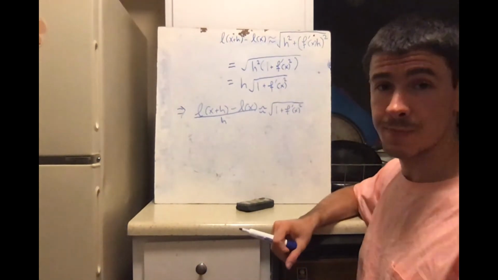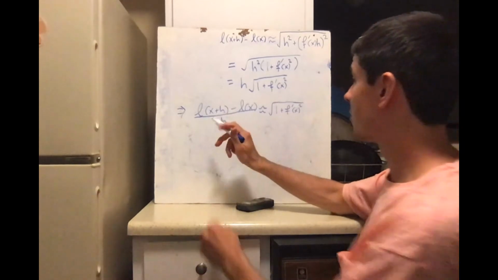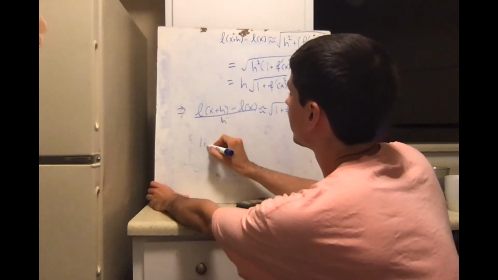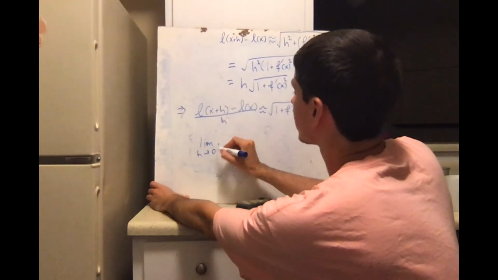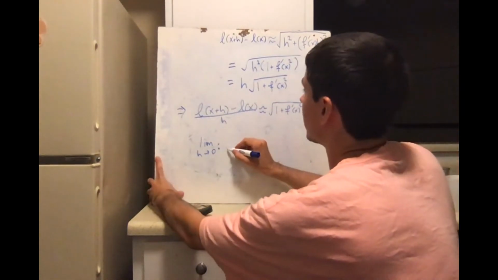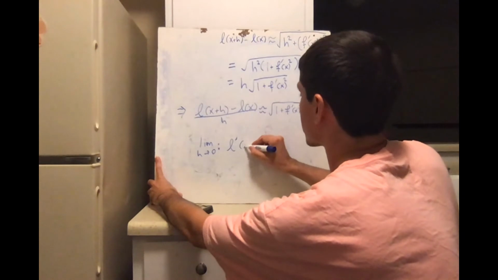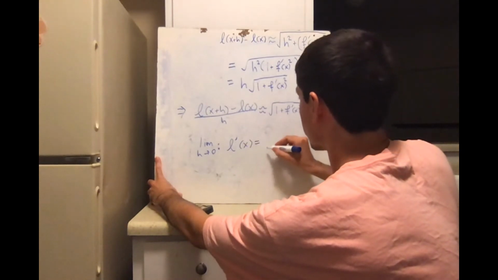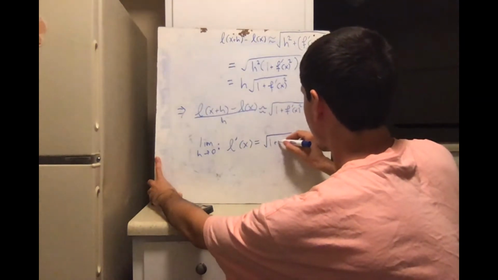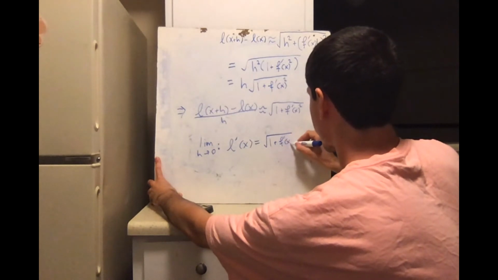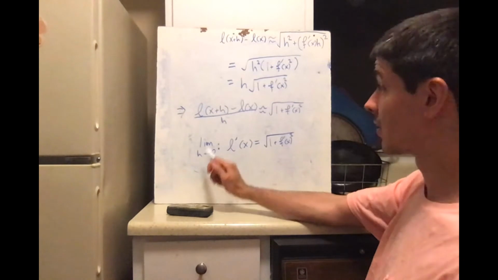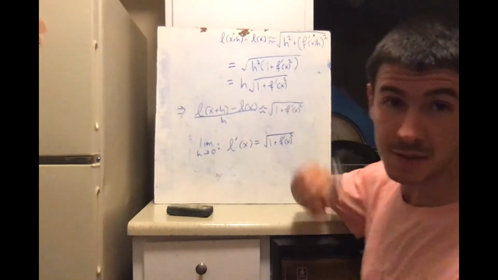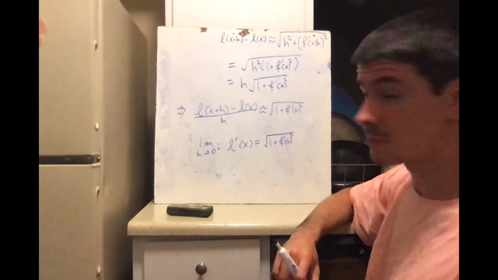So taking the limit as h approaches 0, we get L prime of x equals the square root of 1 plus f prime of x squared. Because as h goes to 0, this approximation gets better and better, as I noted before on the picture.